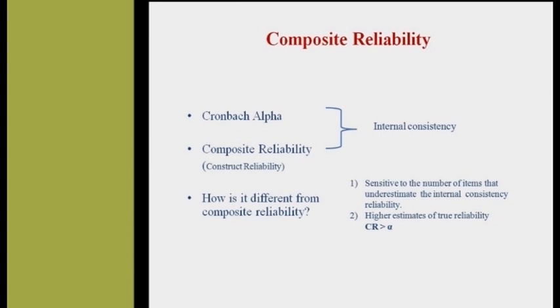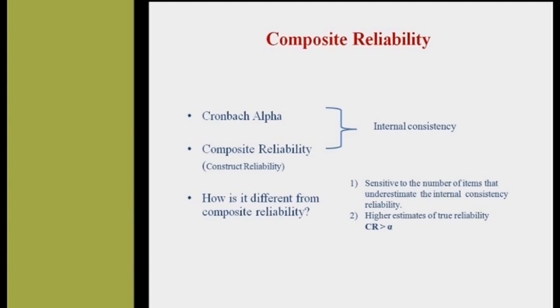It also measures internal consistency of items. Then what is common between them? Both measure internal consistency reliability, and both have almost the same threshold value, that is 0.7 and above. Then a question arises: why is composite reliability preferred among researchers nowadays over Cronbach Alpha?